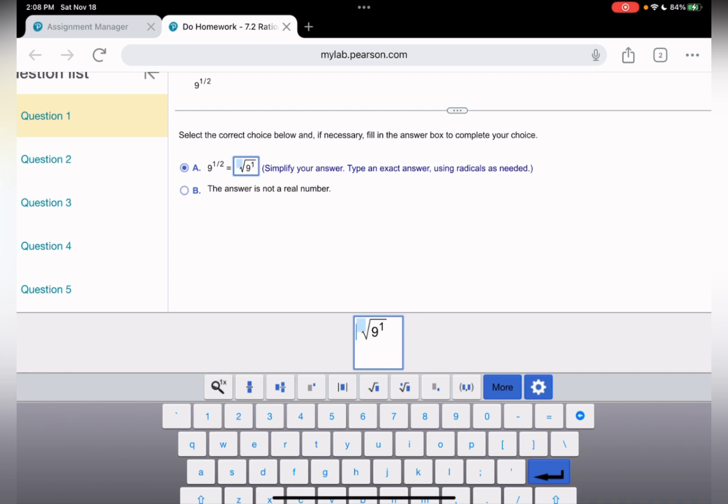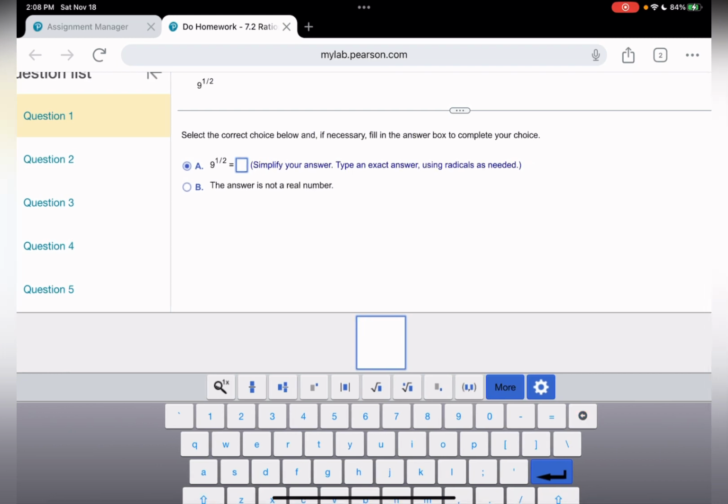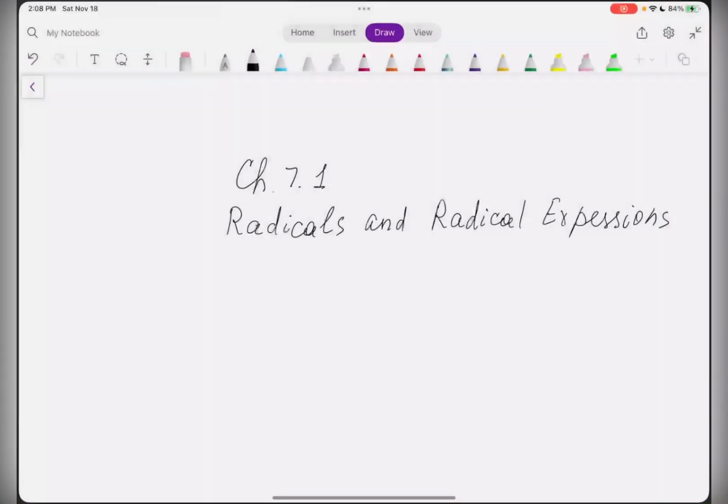That's funny, I cannot put 2 there. Okay, I guess I'm going to make it easier. Just do my drafting here.